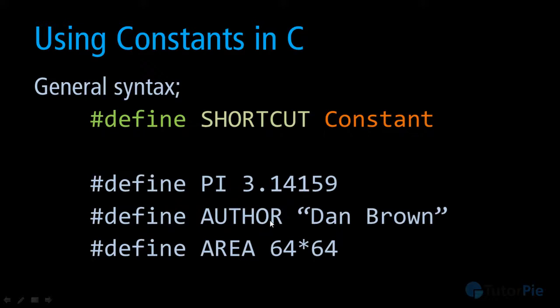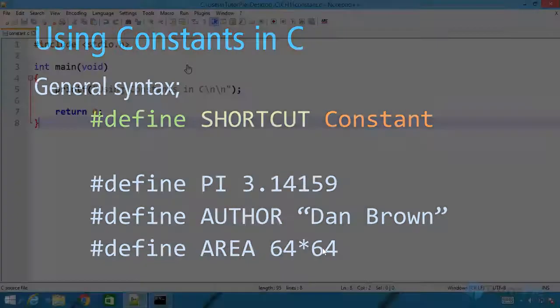If you define a character as the value of the constant, then the character must be placed within single quotes. And the last constant, you can see the AREA. The value of the constant is not a number or a string, it's a mathematical expression, 64 multiply 64. So you must remember that a constant can have a mathematical expression as its value.